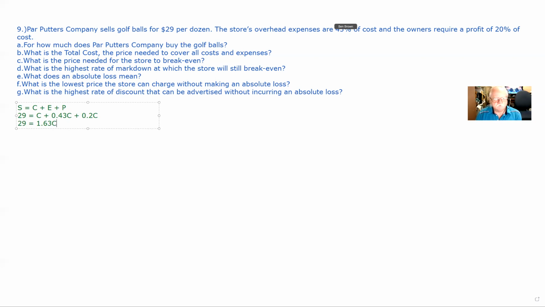And then we can solve for the cost. So cost equals 29 divided by 1.63, which hopefully gives us 17.79. So that's basically the answer to part A.